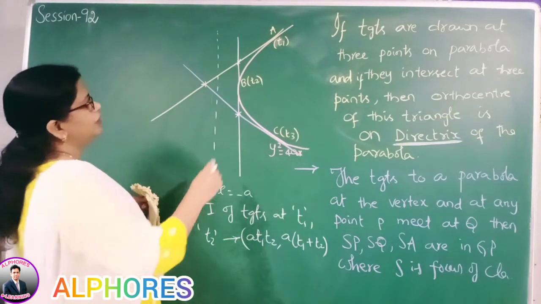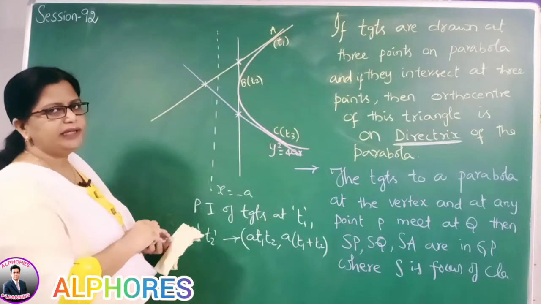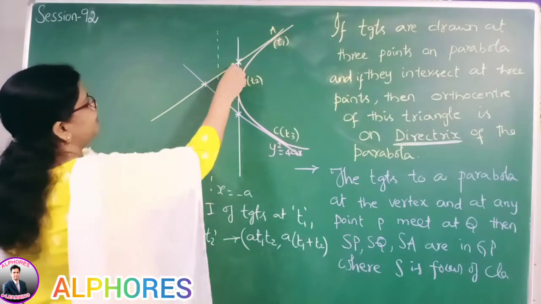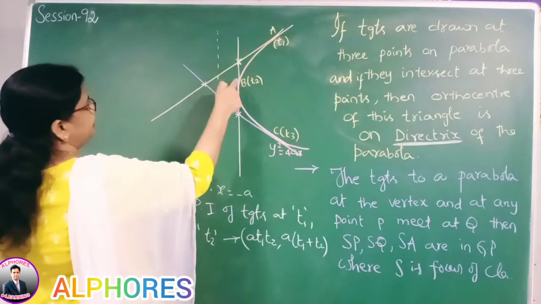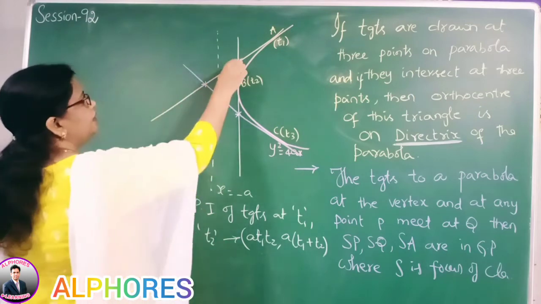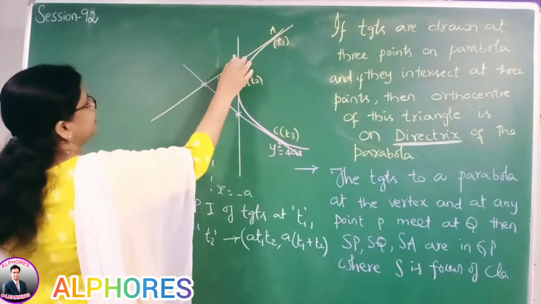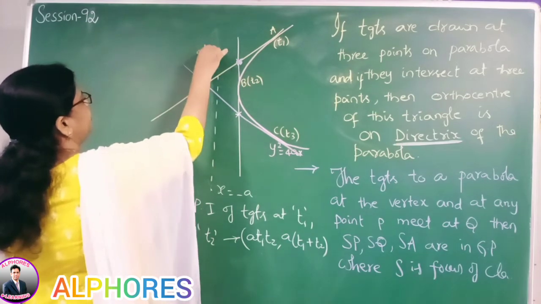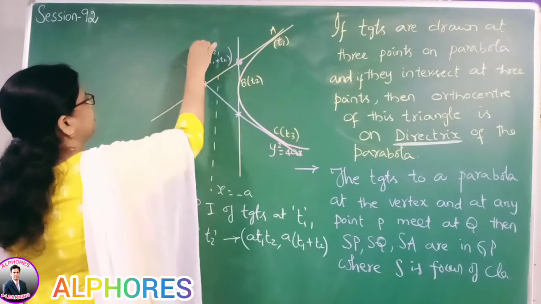Now suppose I am taking this as one of the points of intersection of tangents. At this point you are getting the tangent drawn at T1 and the tangent drawn at T2. So what is this point here? Basically it is nothing but a T1 T2 comma a into T1 plus T2. So this is our point.